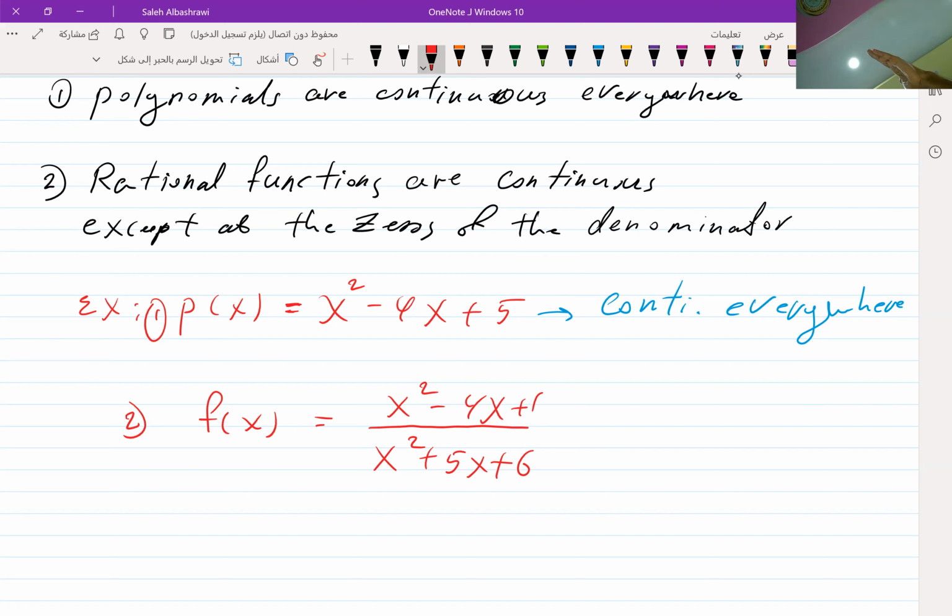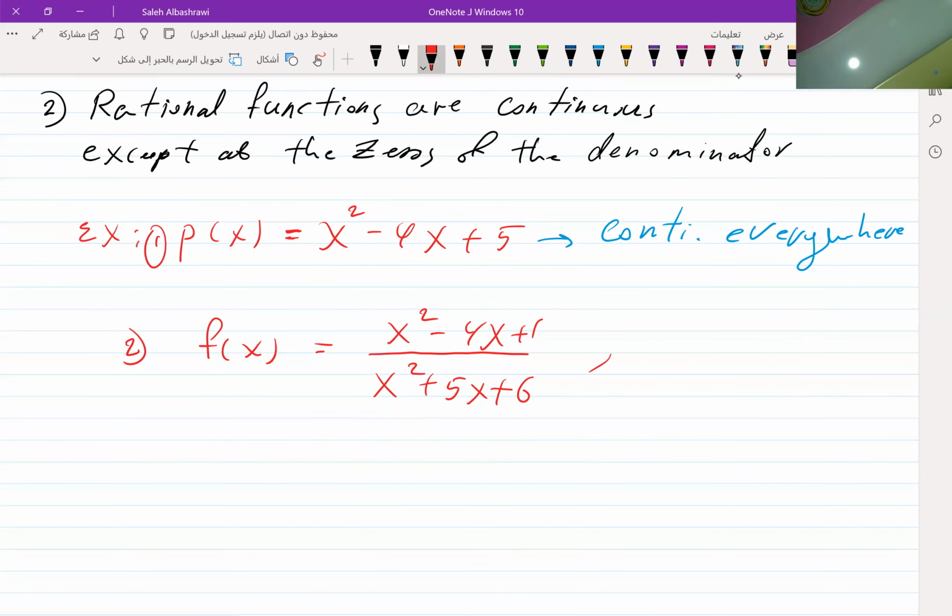The numerator is continuous everywhere. The denominator is continuous everywhere, if we just take them separately. But if we take the division, polynomial divided by the second polynomial, by the denominator in this case, this will be continuous except at the zeros of the denominator.